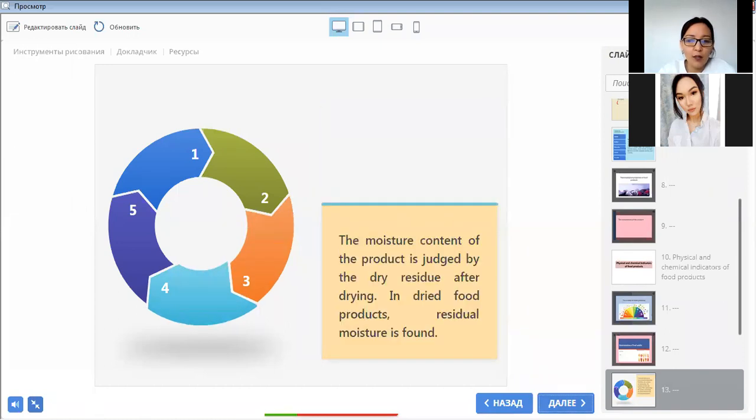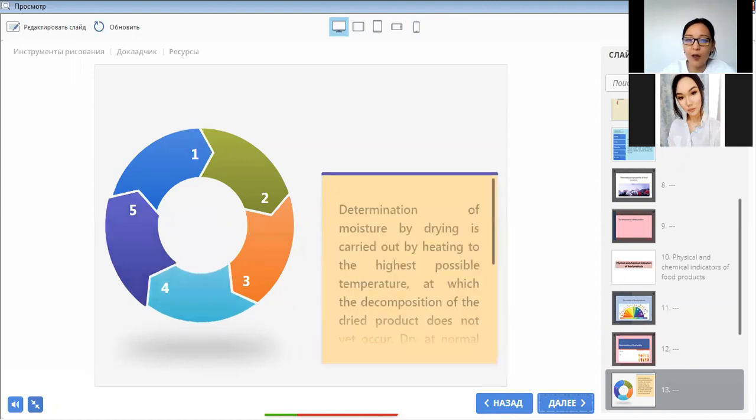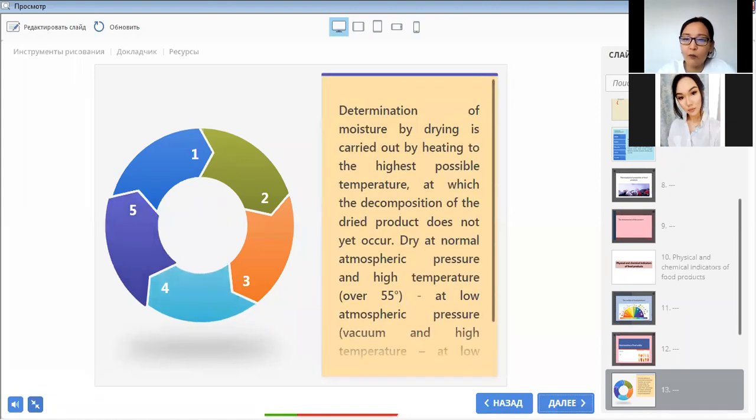And the moisture content of the product is judged by the dry residue after drying, and in dried food products, residual moisture is found. And the determination of moisture by drying is carried out by heating to the highest possible temperature at which the decomposition of the dried product does not yet occur.